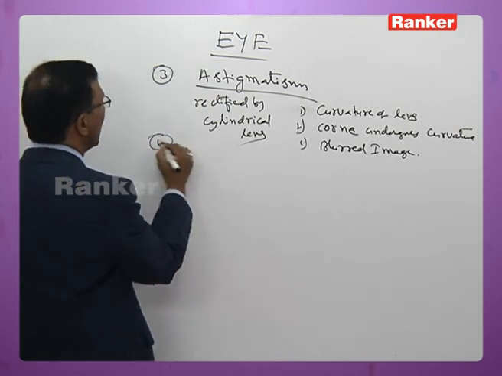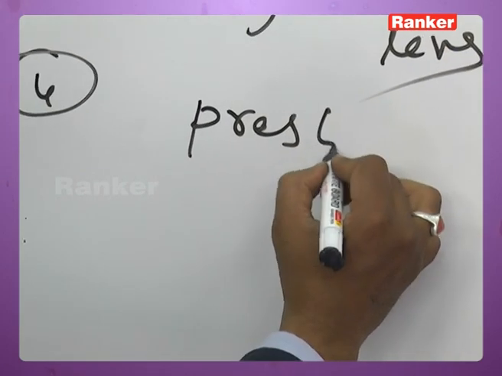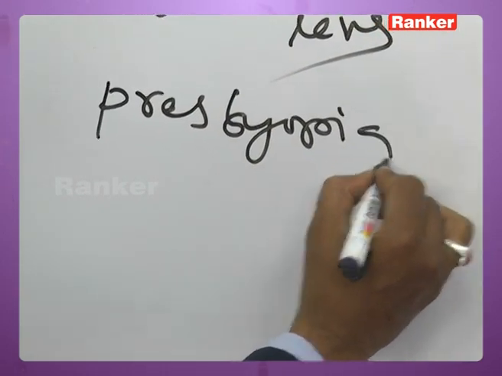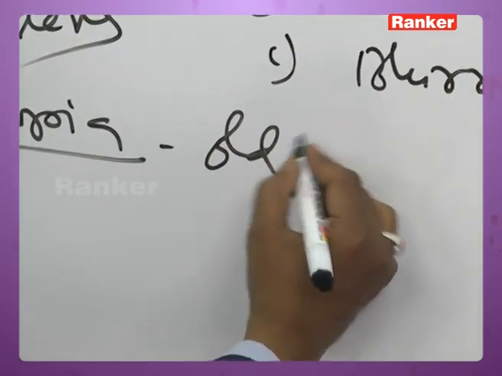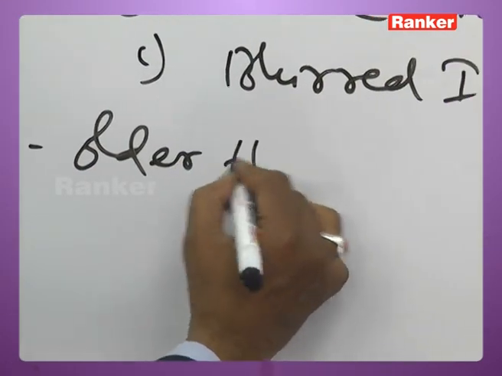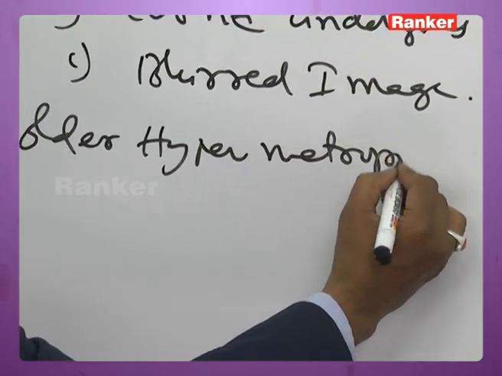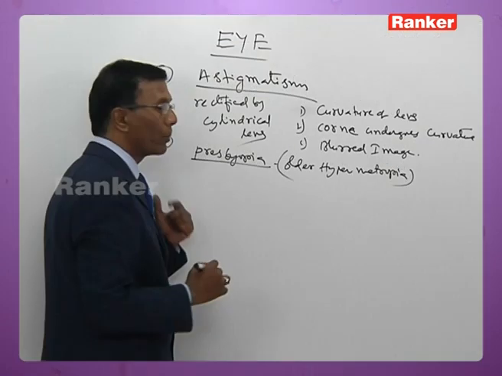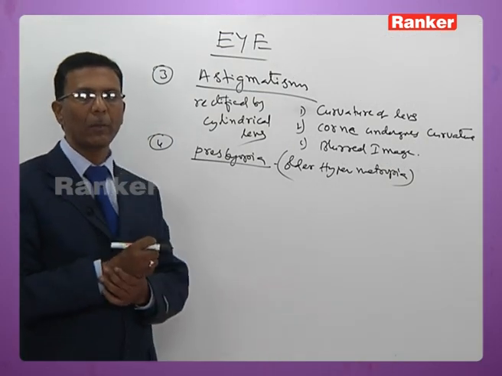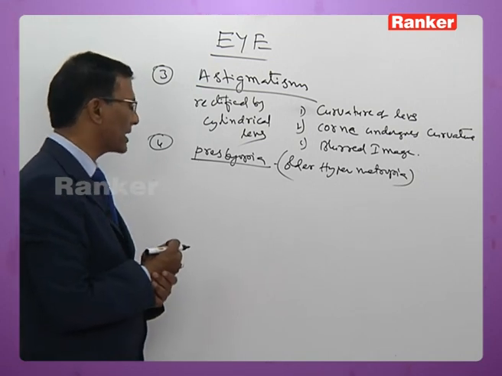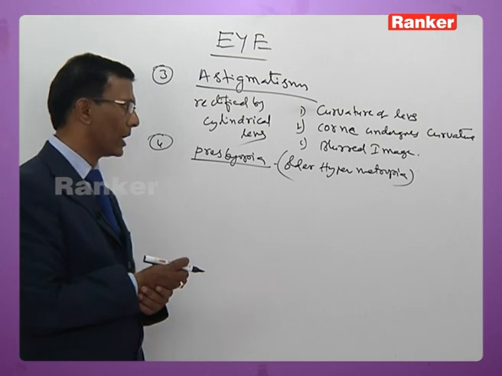Then another disorder is presbyopia. Presbyopia is called older hypermetropia, that is, hypermetropia noticed in old people. Once they cross 45, most old people are prone to get presbyopia.